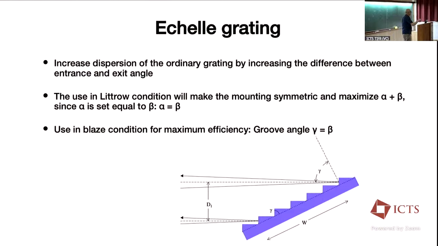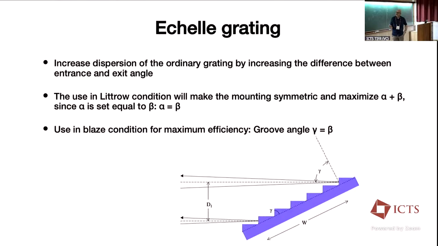Before explaining why we need cross dispersion, I want to go to the Echelle grating, which is just a standard grating, but here we push the order to a very, very high level. We want to have high order because the dispersion is proportional to the order. So if we get high order, then we get high dispersion.